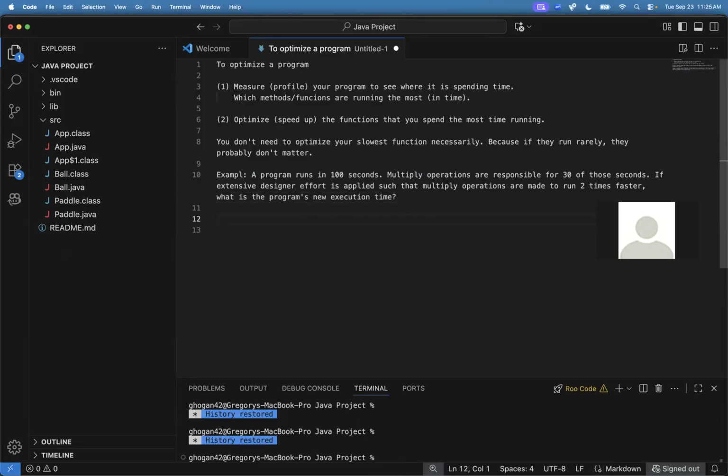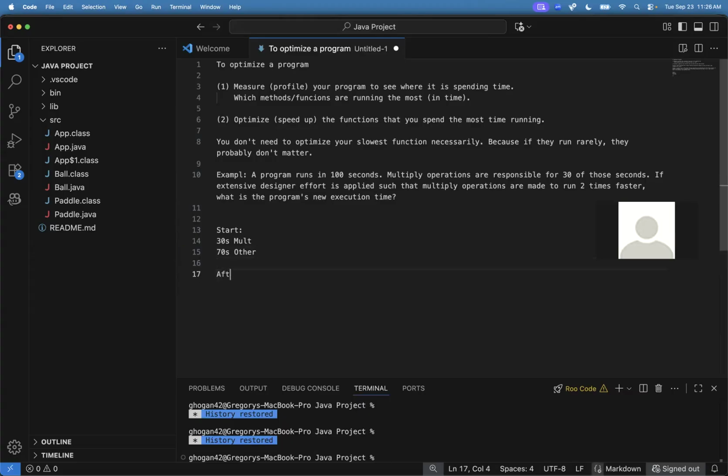So how would you do something like this? Well, it says the program runs 100 seconds. Okay. Multiply operations are responsible for 30 of those seconds, right? So at the start, you have 30 seconds for multiplication, and that means you would have 70 seconds for other stuff, right?